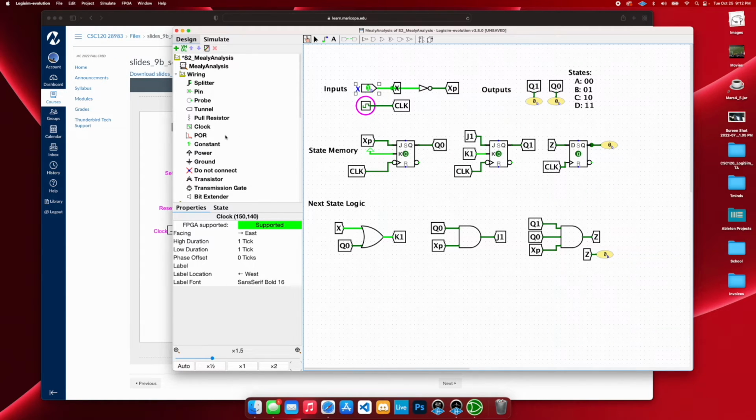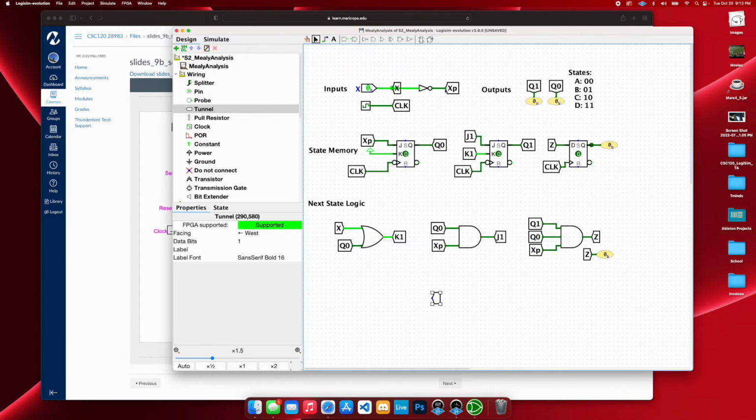Finally, I want to talk about something that is very useful. You can tell that this circuit has no connecting wires between these levels: we have our inputs, our state memory, and next state logic. All of these are connected together, but we don't see any wires attached, and that's because we're using what are called tunnels. These are so useful because all you have to do is give them a label and a name.